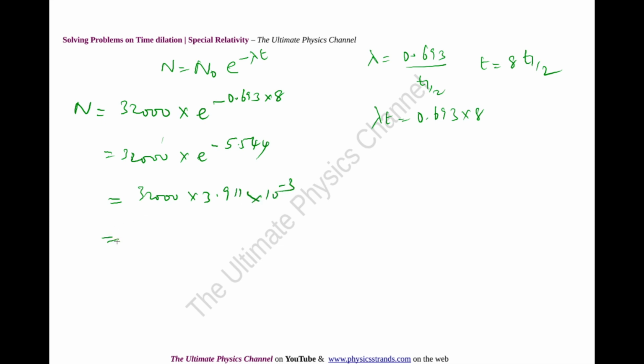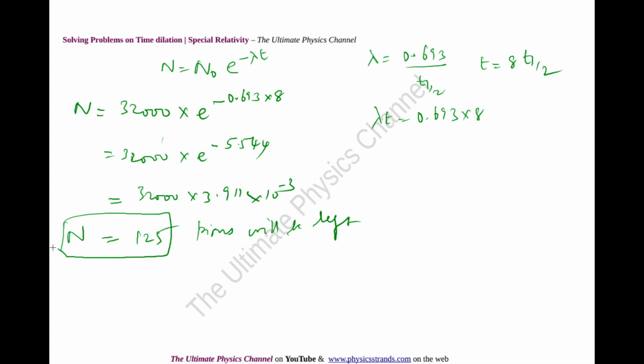I'm doing all the steps so that the calculations are clear to those who are starting to do some problems here, right? So that is the idea. It would be about 125 pions. If time dilation had not been there, then it would only be 125 pions.